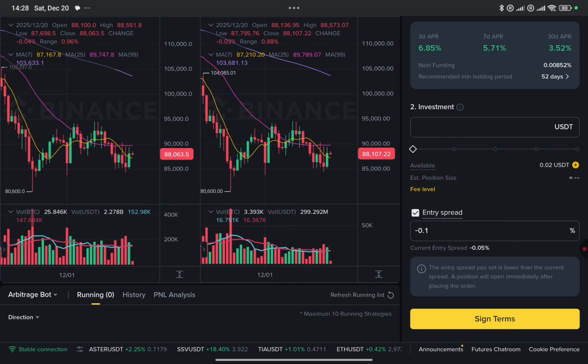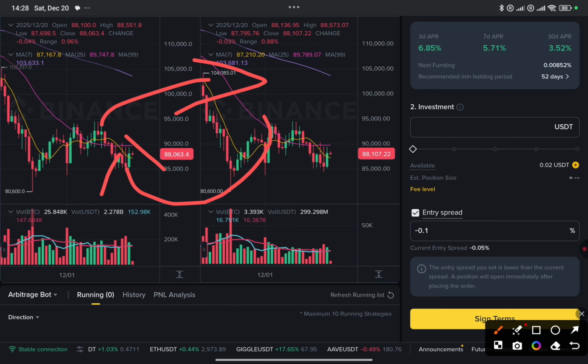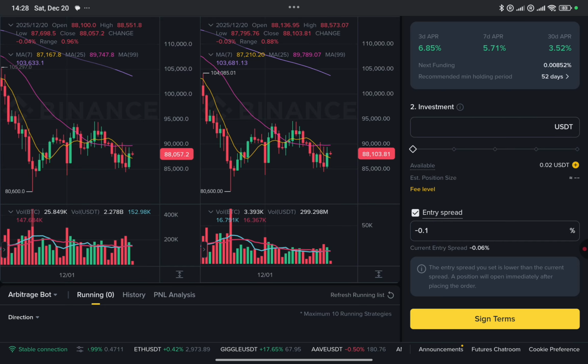Now, clearly looking at this, you will know that there's obviously a price discrepancy, whereby the price at this point is smaller than the price at this point. So this means that if you're doing arbitrage, you are likely going to be doing it from here to here, right? So that's basically what you're going to be doing using this arbitrage trading opportunity.